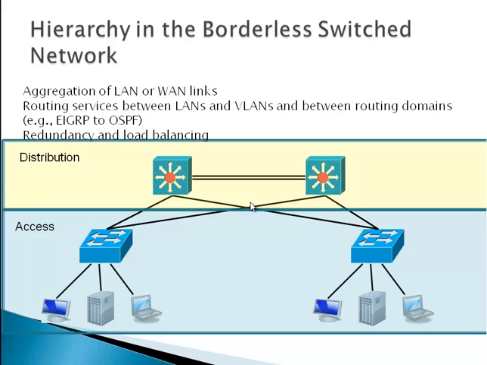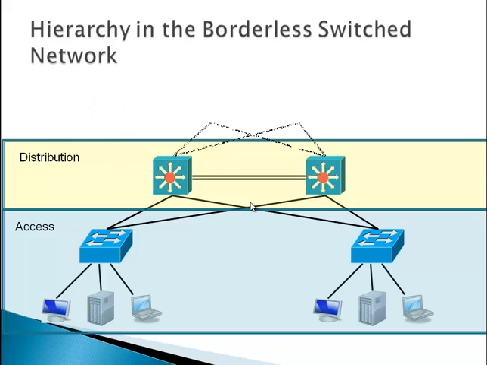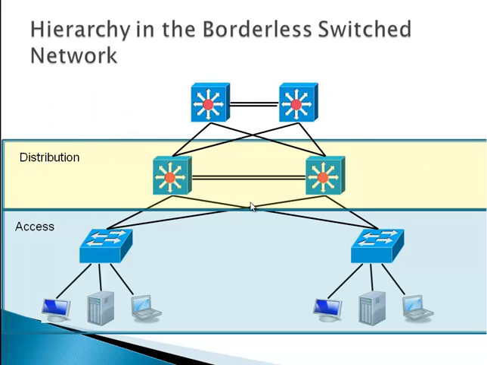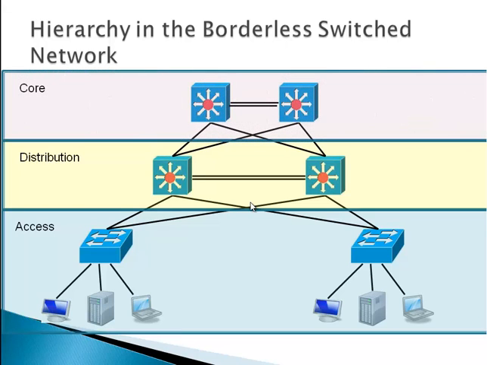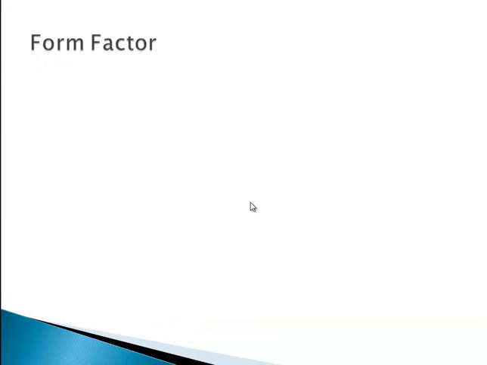These switches also perform redundancy and load balancing. Now the third layer is the core layer. These switches are not meant to do any routing or anything. Their main job is to do really fast switching, so switching the data as fast as possible.